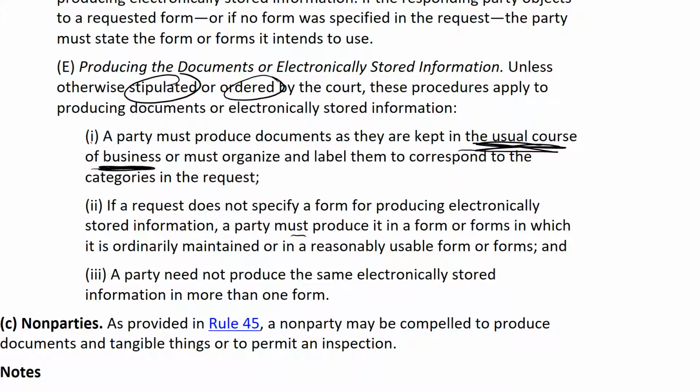Well, as insane as that sounds, there actually has been at least one case, probably more, where a company that was being sued fairly often decided to keep its documents in a disorganized way so that it would produce them that way when there was a production request. So the usual course of business organization meant, well, by usual course of business, disorganized.